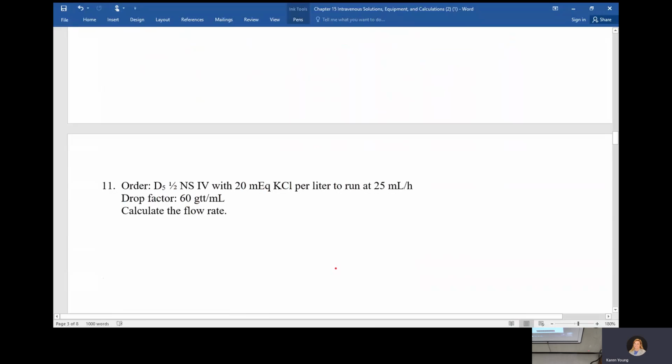So number 11, what numbers am I going to use? It's just the 25 milliliters an hour and the 60, and then 60 drops per milliliter, right? I don't need to know about the 20 milliequivalents of potassium chloride, the KCl, per liter, right? I just need the rate and the drop factor.